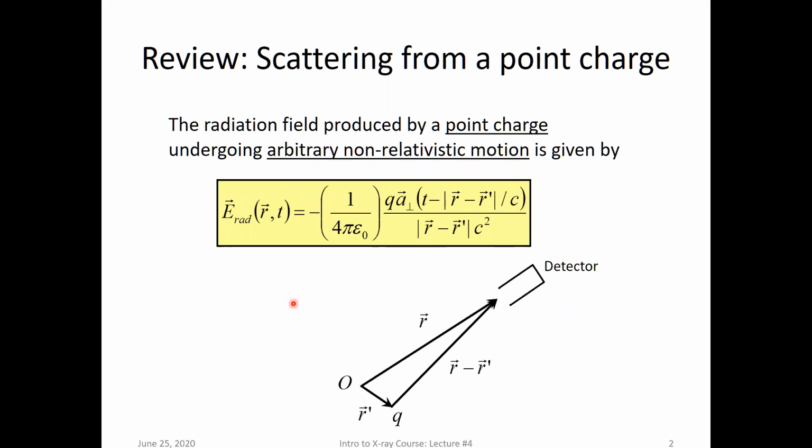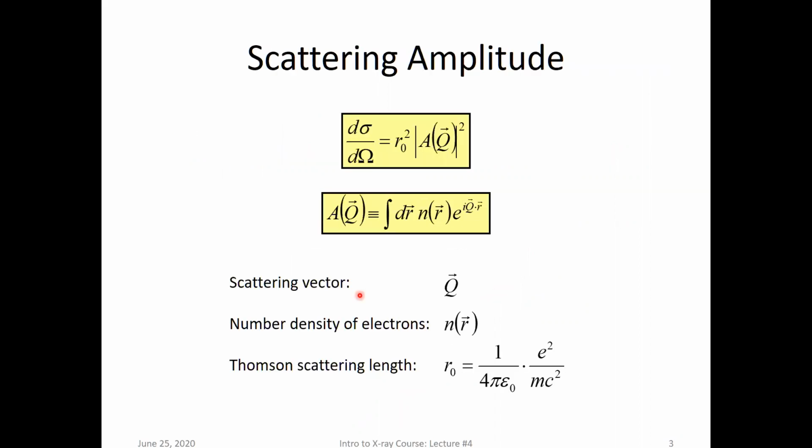Like every other lecture this week, we're starting from this point of scattering from a point charge with this simple formula. Again, the acceleration of the point charge creating the radiation field at the detector. The scattering amplitude has all the information, this A, in the cross section, and the scattering amplitude itself is the Fourier transform of the number density of electric charge with units and so on.